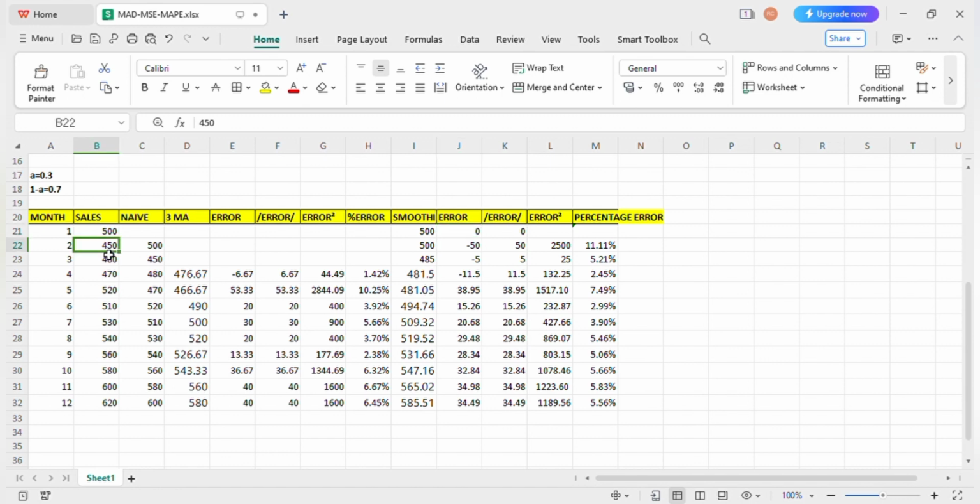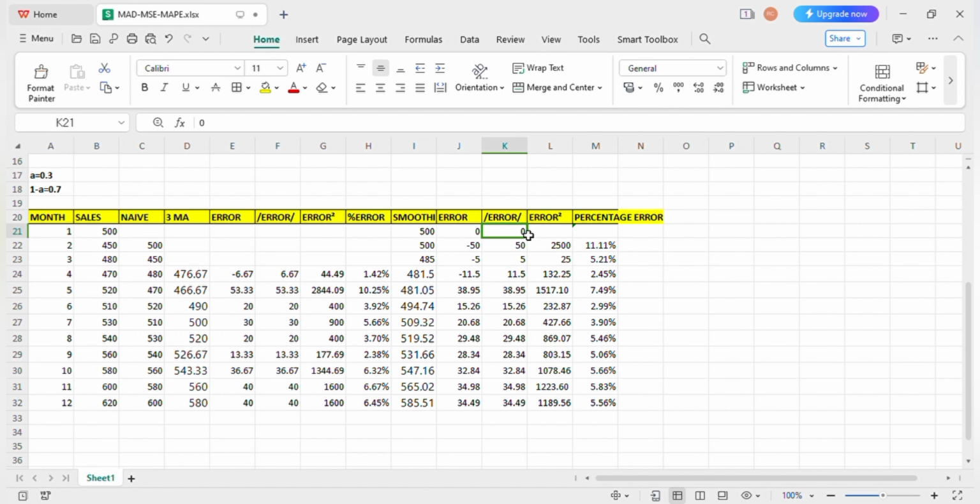450 in actual sales minus 500 is negative 50. And 480 minus 485 is negative 5. And 470 minus 481.5, we get negative 11.5. That's the principle of how we are going to calculate the error. And as I said, when we get the absolute value, we only convert the result of all the errors here into positive.